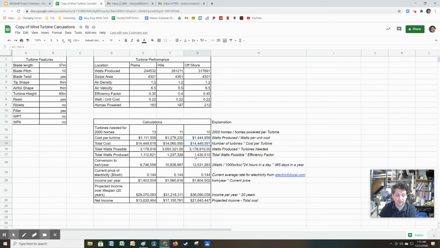I'm producing almost exactly the same amount of total watts possible, but because of the efficiency, I'm generating more watts per windmill. And you add it all up, and I end up generating a lot more money. That little difference between the two is generating a lot more money for me at the end of this lifespan. So financially speaking, it makes more sense to do the offshore farm.